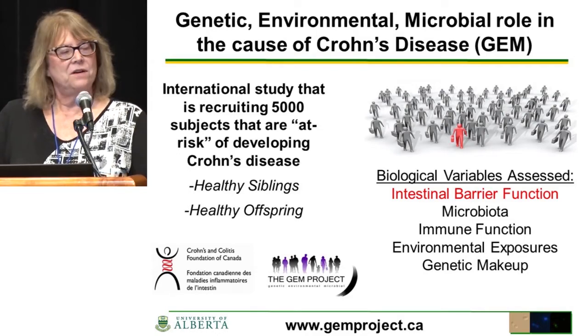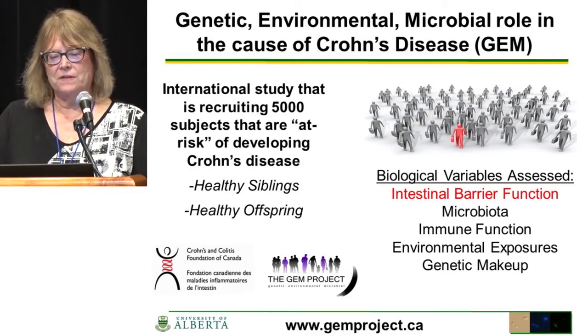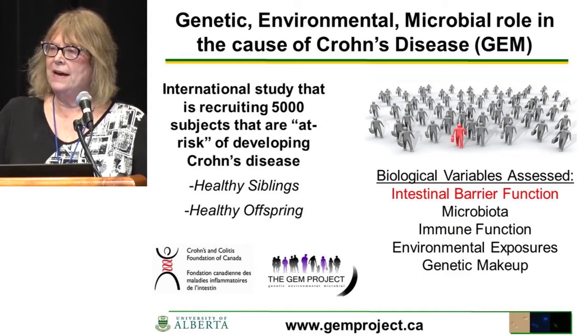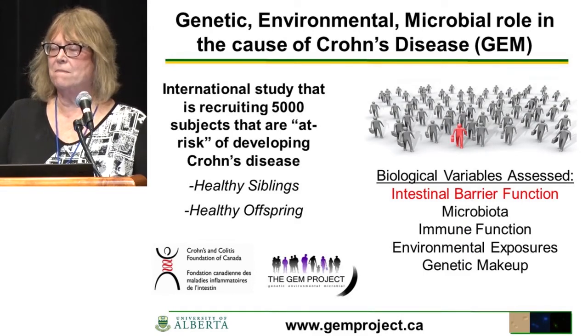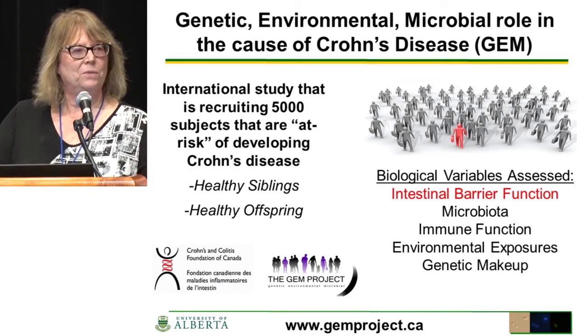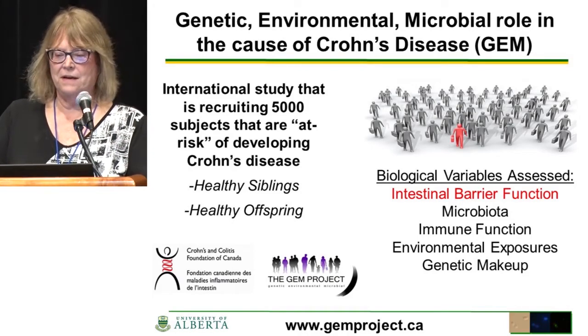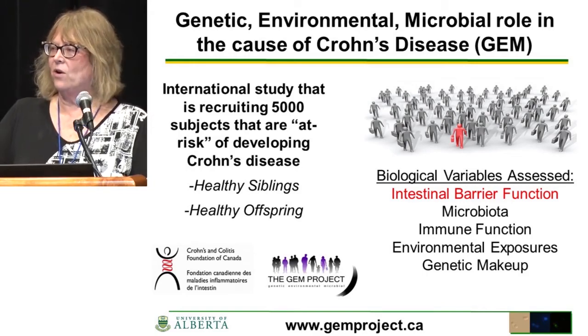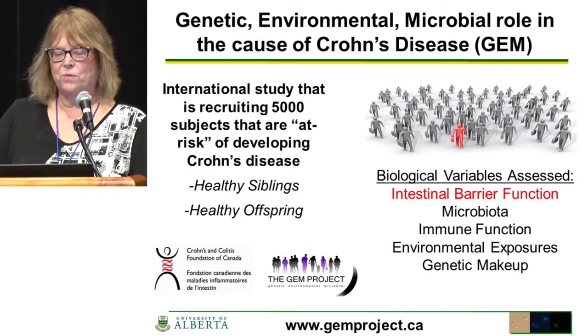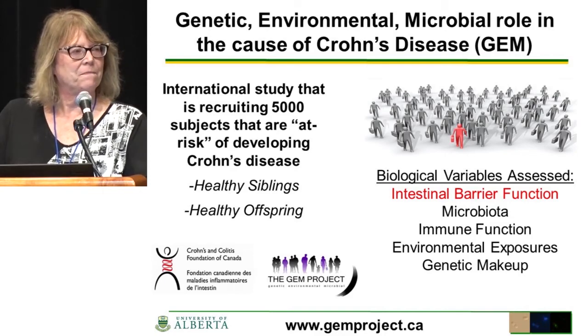So we have 5,000 subjects that we're following, of siblings and offspring, looking at intestinal barrier function. We have assessed it when they come into the study. So they're healthy at this point, nothing wrong with them, no signs of bowel disease. Doing microbiota analysis, immune function, looking at all their environmental exposures, as well as a complete genetic breakdown.